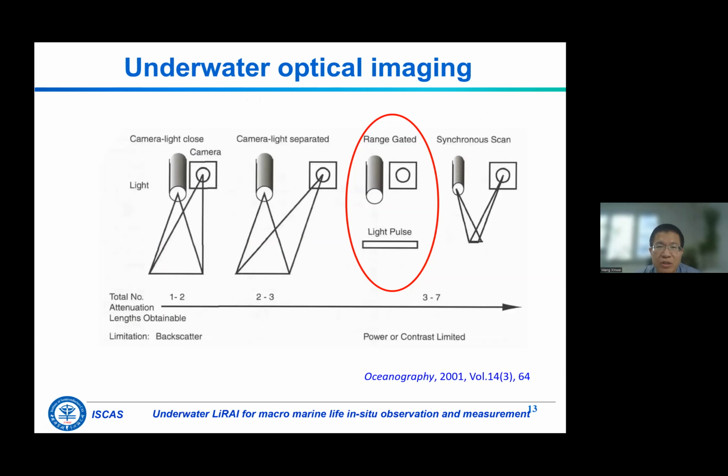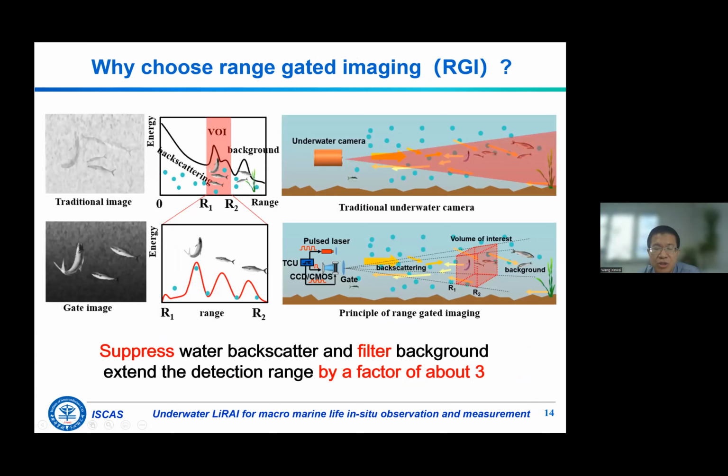There are different underwater optical imaging methods. For example, the light and the camera are close together, and also to suppress the backscattering, the camera and the light are separated, and also range-gated imaging was developed. And we based LiRAI on range-gated imaging. Let's see why we choose range-gated imaging.